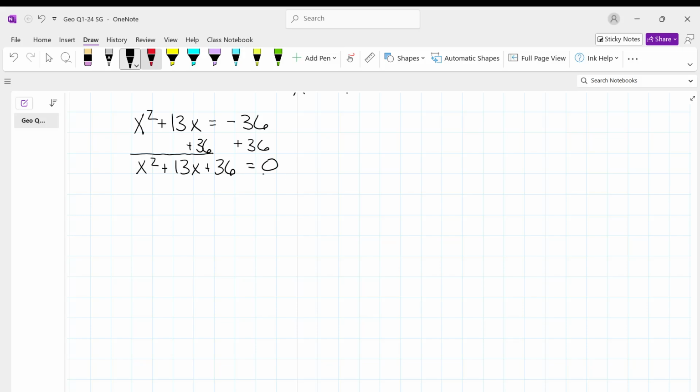So we need factors of 36 that add to 13. So factors of 36, we got 1 and 36, 2 and 18, 3 and 12, 4 and 9, and 6 and 6.